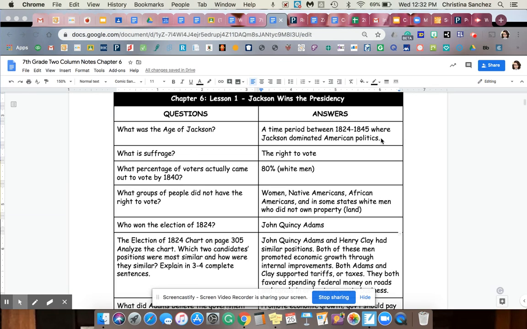Now, in 1824, we do have a brand new election. Remember, our fifth president is James Monroe, and at this point, he's on his way out of office. The first five presidents are the ones we call the revolutionary presidents because they all had a role in some way, shape, or form during the Revolution. John Quincy Adams won the election of 1824. He did not play a huge part in reality. He was actually pretty young during the time of the Revolution.